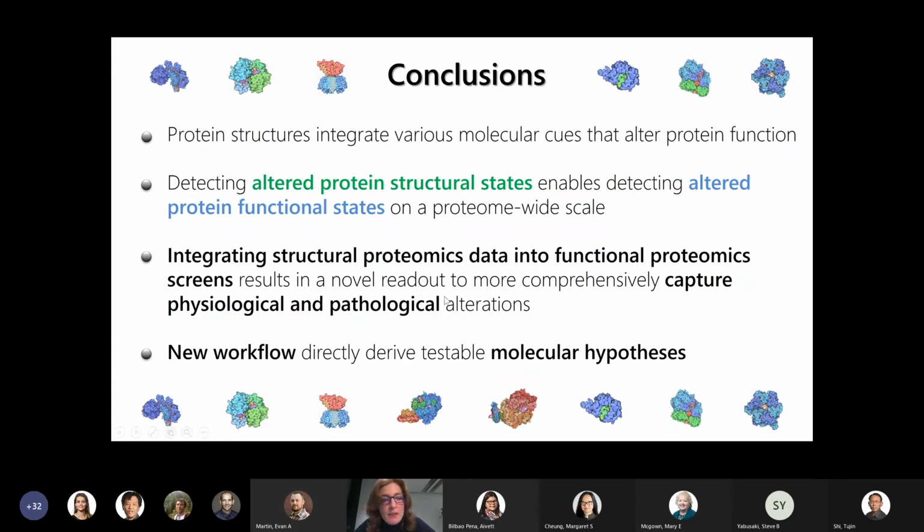I also described a new workflow to directly derive testable molecular hypotheses. If you think about the case of the interaction between PTSI and Fbp, knowing the exact location of the alteration, so that's the active site of PTSI, enabled the generation of a molecular hypothesis, a possibility that Fbp inhibits activity of this enzyme.